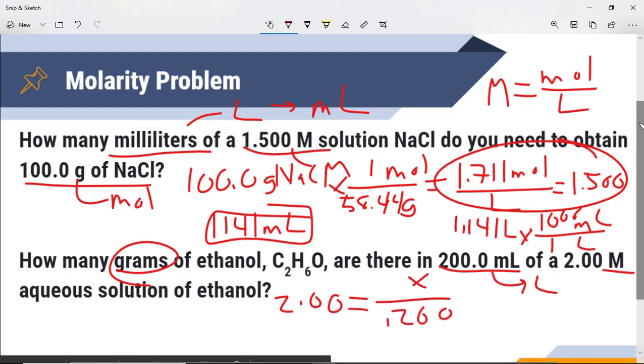And we'll get moles. And then when we get moles, we just plug in and do some stoichiometry to solve for grams. So we end up with 0.400 moles. Okay. And then we'll just use the molar mass to convert that to grams.